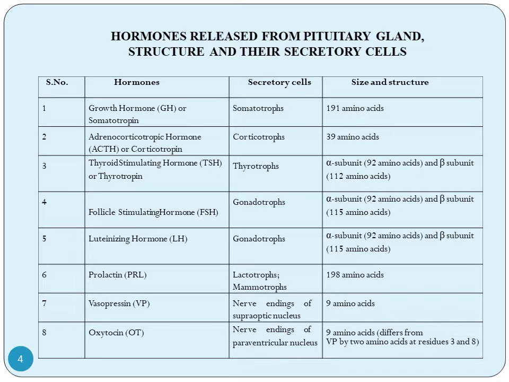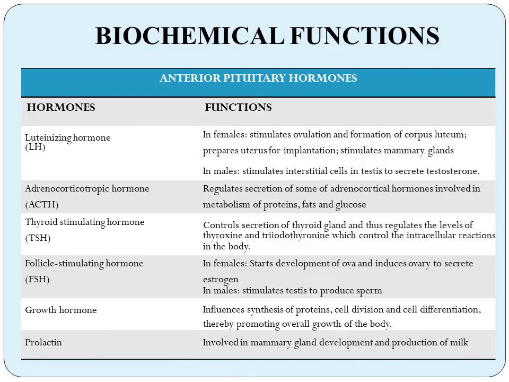The vasopressin, also called antidiuretic hormone, is secreted by the nerve endings of the supraoptic nucleus and contains 9 amino acids. The oxytocin is secreted by the nerve endings of the paraventricular nucleus and this also contains 9 amino acids. The difference between vasopressin and oxytocin lies in the amino acid residues at number 3 and 8.